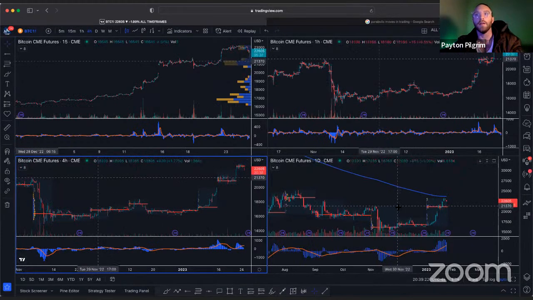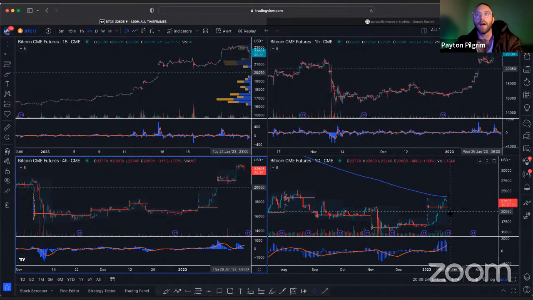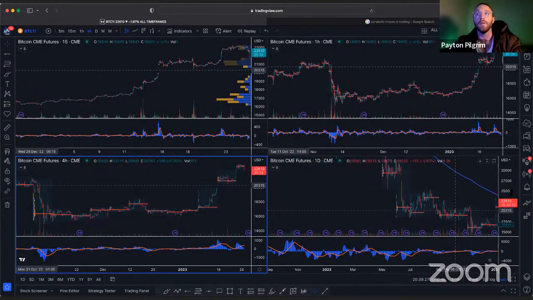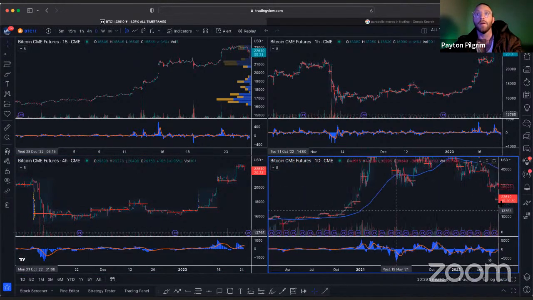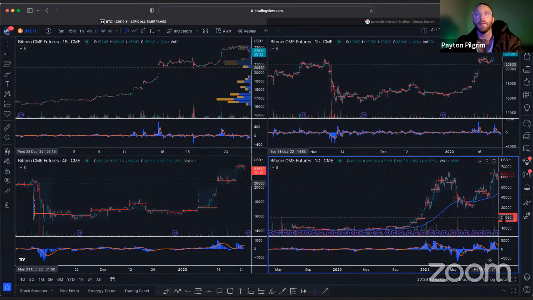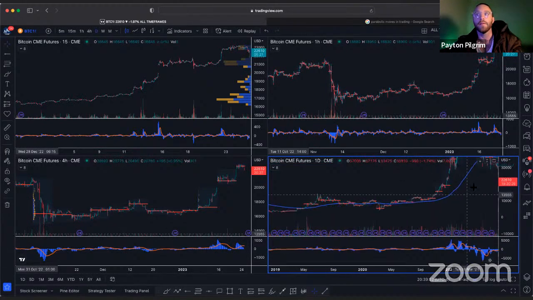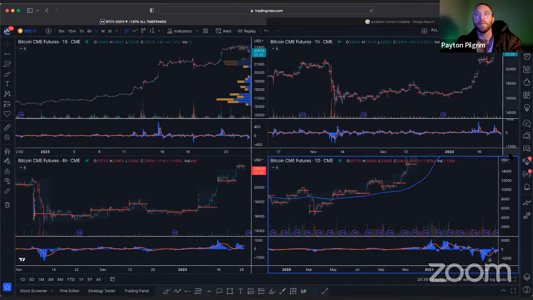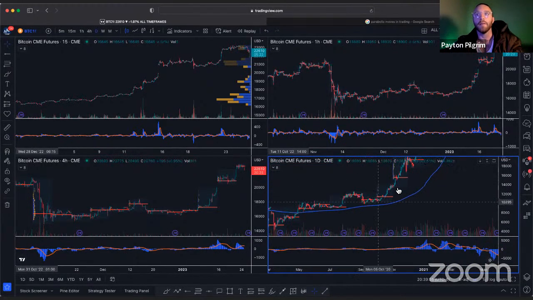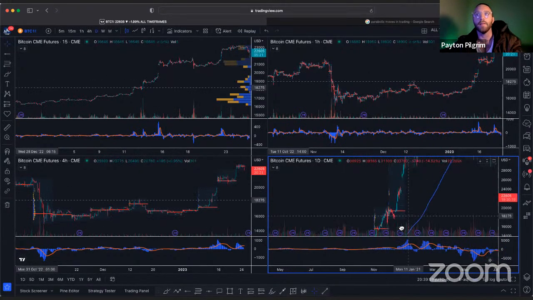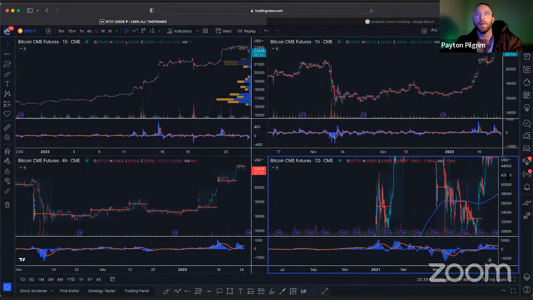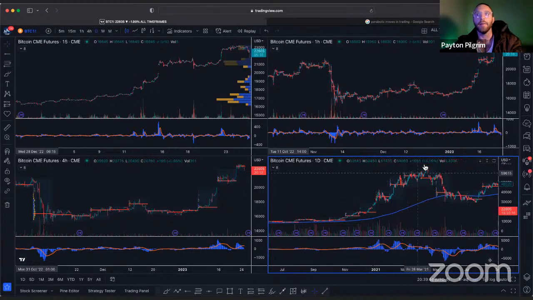And then daily, obviously, we're not seeing the pattern on the daily. You'll see the pattern on the daily over here, where it will create these bases and then run up, a base, run up, a base, and it doubles in price.